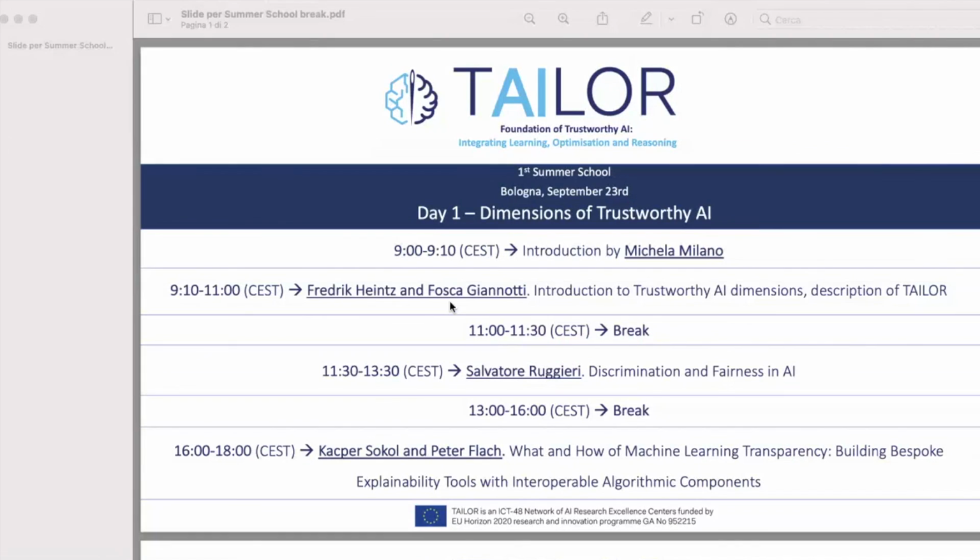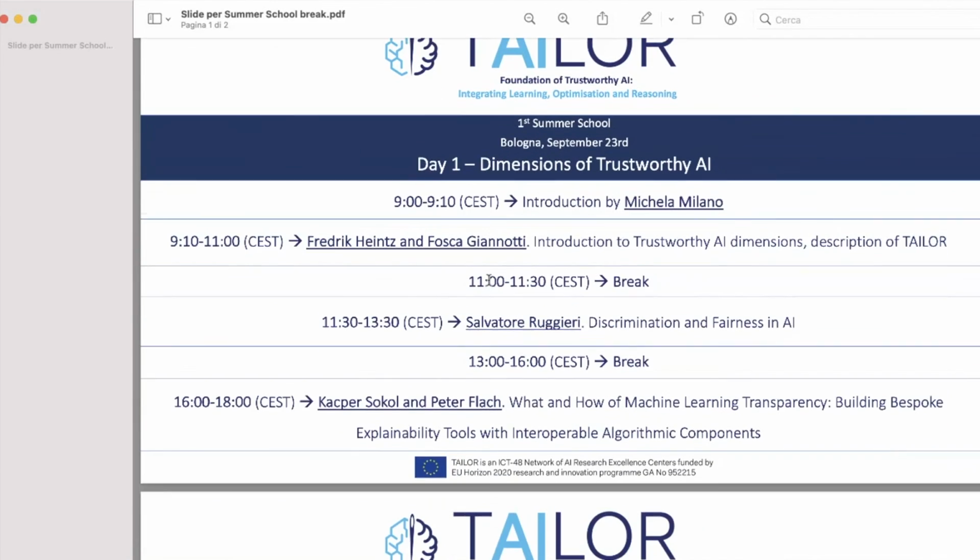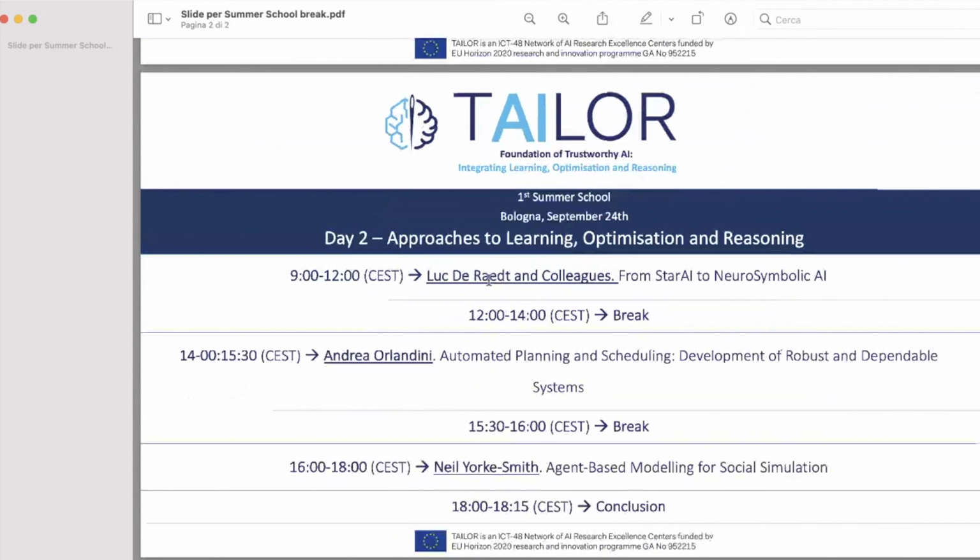So you can see day one now. It's what we have done today. And this is day two. Tomorrow, the focus will be on approaches to learning, optimization and reasoning, as Professor Michela Milano also said at the beginning of day one.